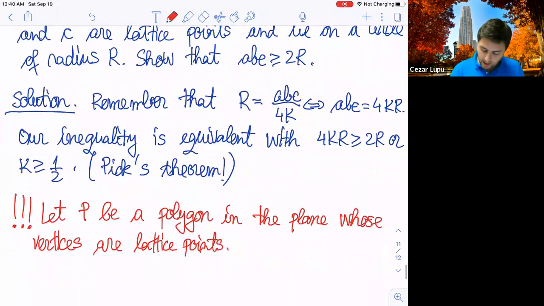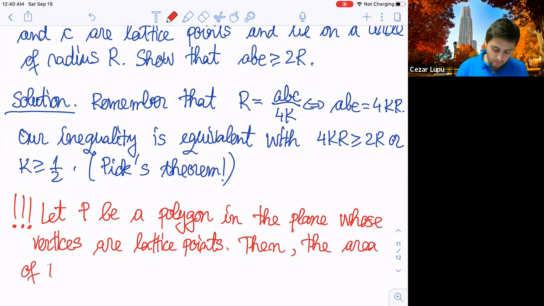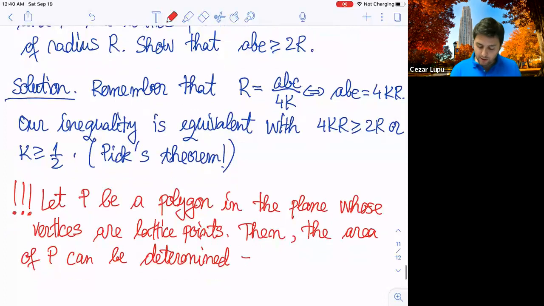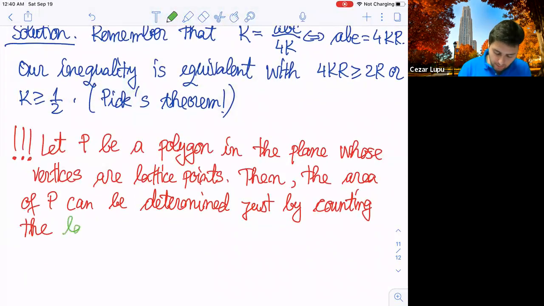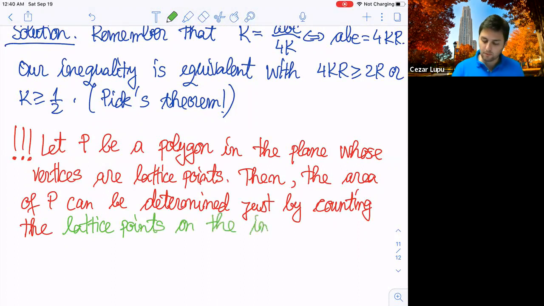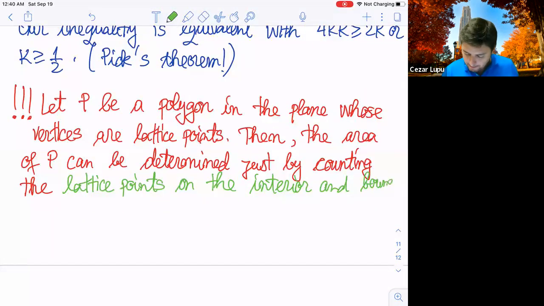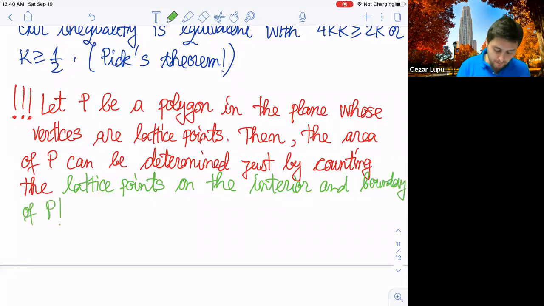Then the area of P, of our polygon P, can be determined just by counting the lattice points on the interior and boundary of P. Okay, keep in mind this.